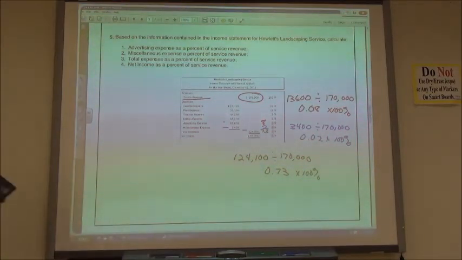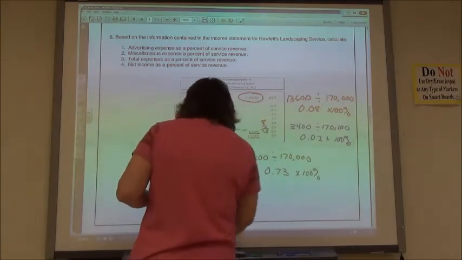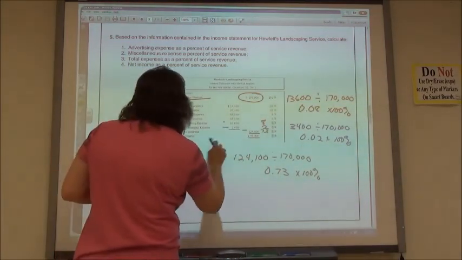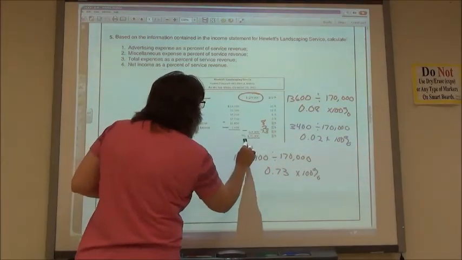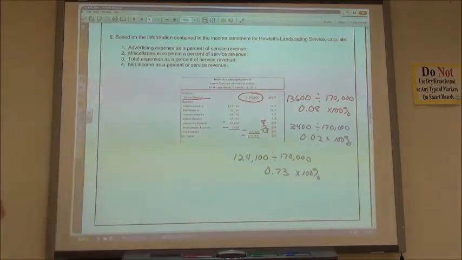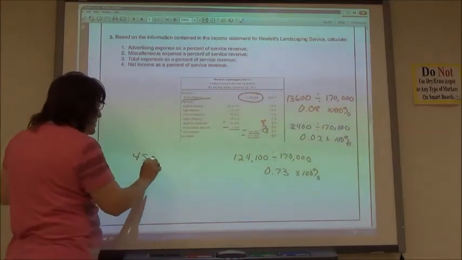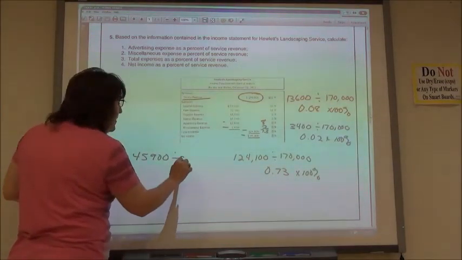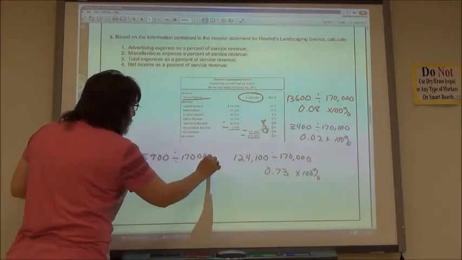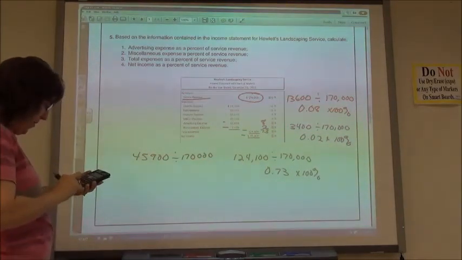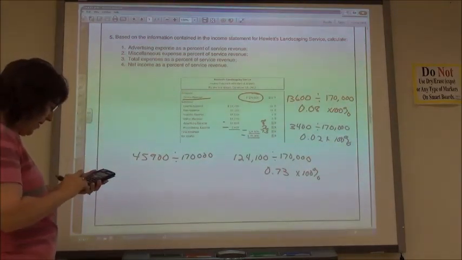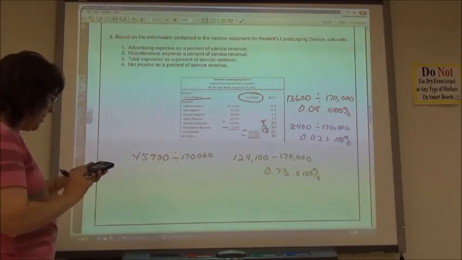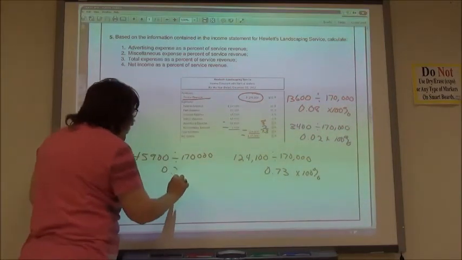And then the last one, the net income. So the net income was 45,900, if I can read that right. So 45,900 divided by my 170,000. 45,900 divided by 170,000 is 0.27.